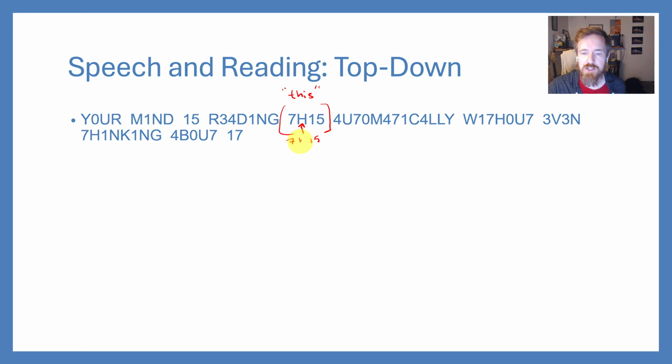We have an H in the middle of it, and so because of our expectation of this being a sentence and that this must be a word because within this sentence it is spaced appropriately so that it is a word unto itself, and we see this H, and this looks like it could be kind of an I. It shares some features in common with an I. This shares some features in common with an S, so therefore this must be the word this.